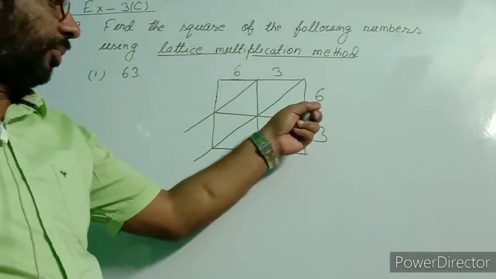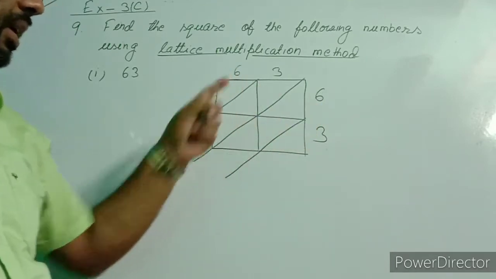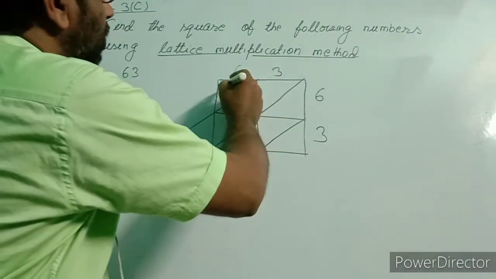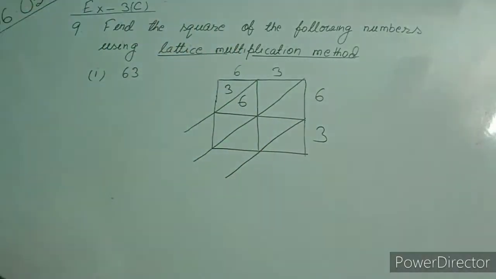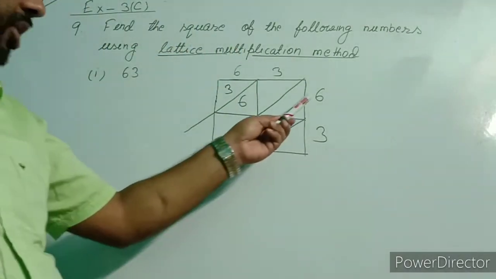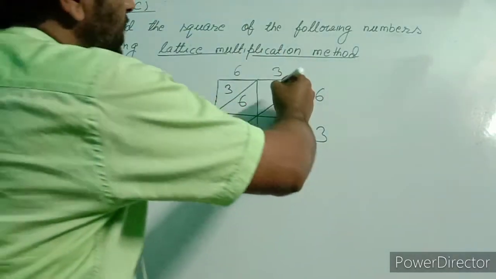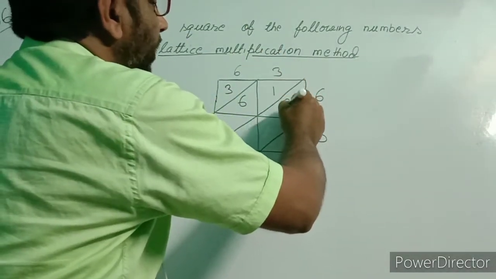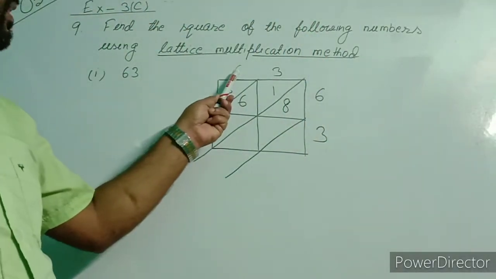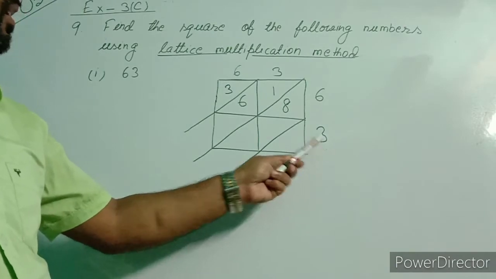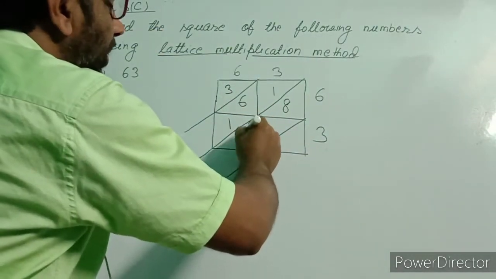Now you multiply this 6 and this 6. 6 6s are 36. So 3 you write up and 6 you write down. Again you multiply this 6 and this 3. 6 3s are 18. 1 up, 8 down. Now you multiply this 6 and this 3. You are getting 18. 1 up, 8 down.